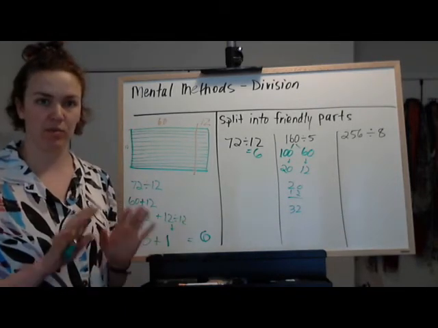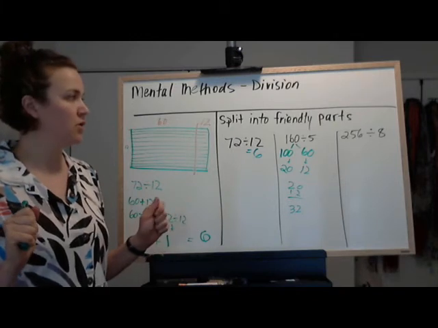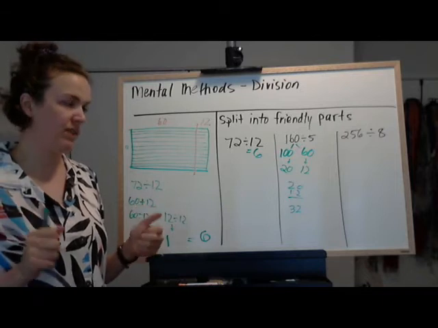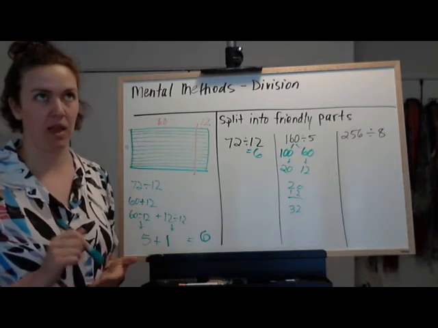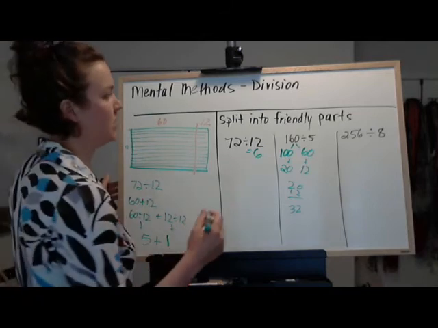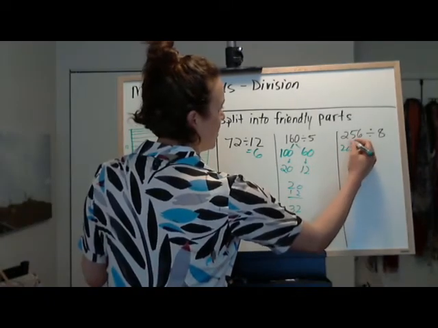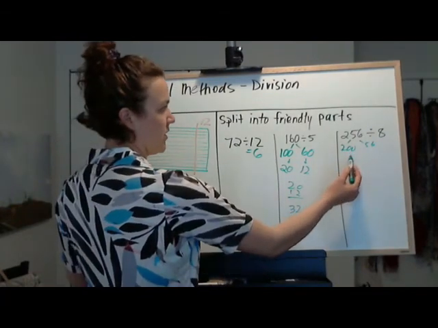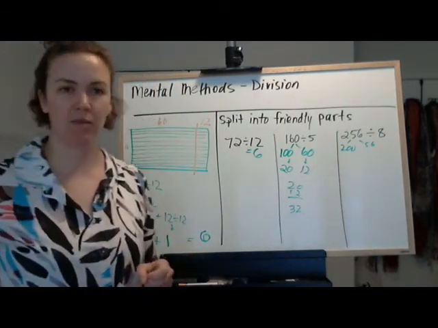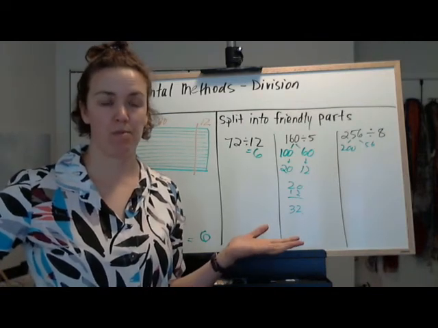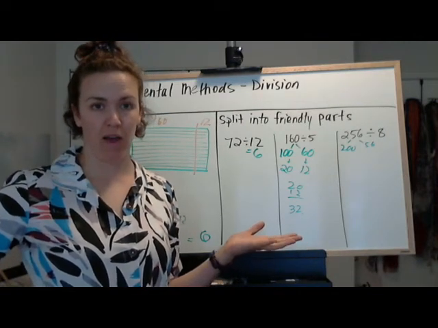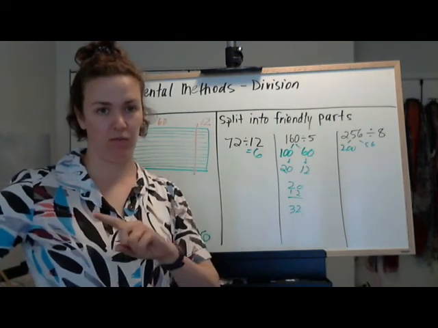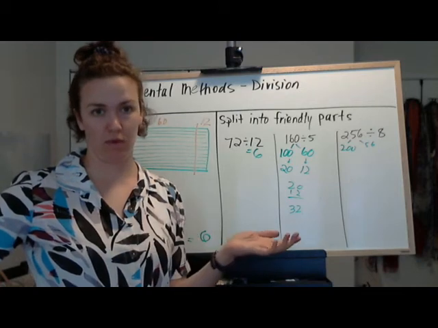Last example for the splitting into parts. 256 divided by 8. 56 and 8 sounds familiar. 8 times 7 is 56. So I'm going to split this into 200 and 56. 200 divided by 8 isn't really something that I have memorized, but if you think of quarters, if you have $2 and you split it into 8, that means you would have quarters.